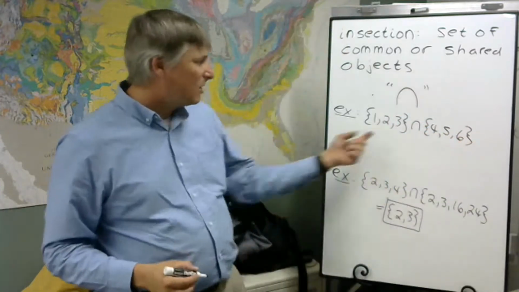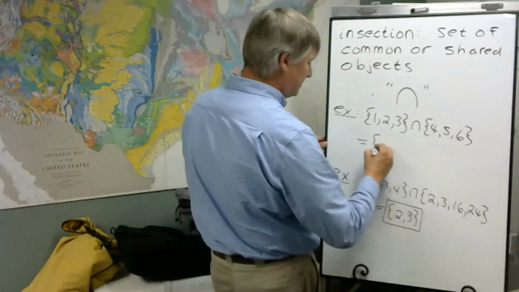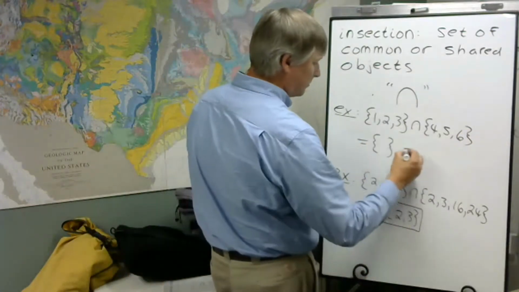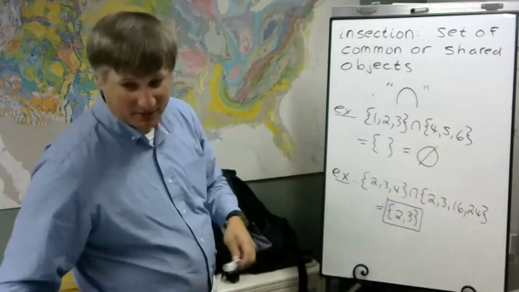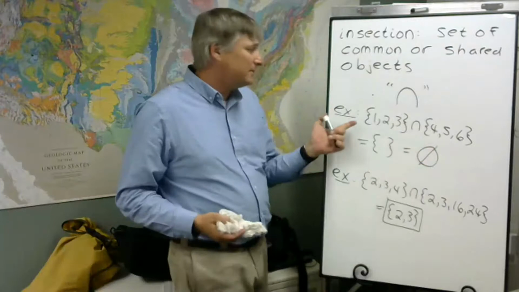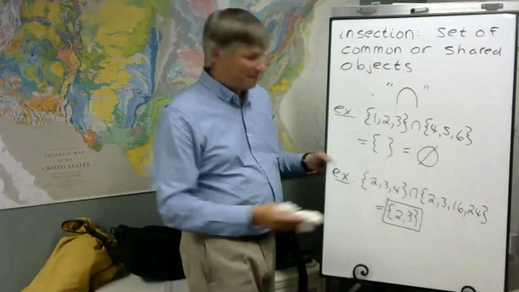So there are no elements in common, so the set you're going to get is going to be empty. Or we symbolize that empty set like that. So when there's nothing in common between the sets, and you try to take an intersection anyway, you're just going to get the empty set.